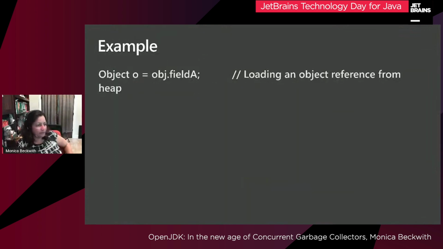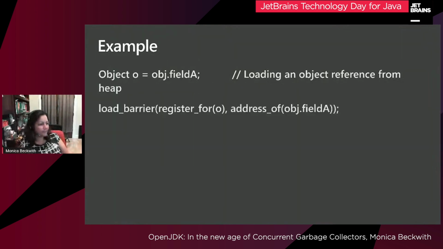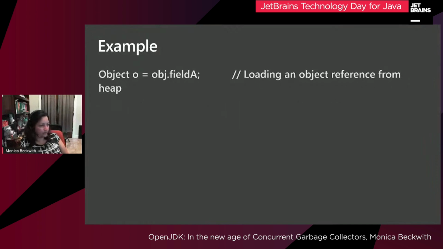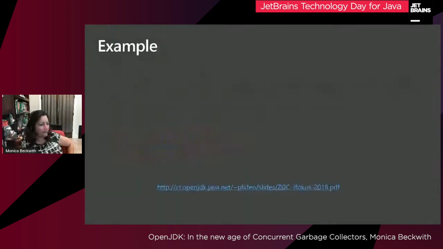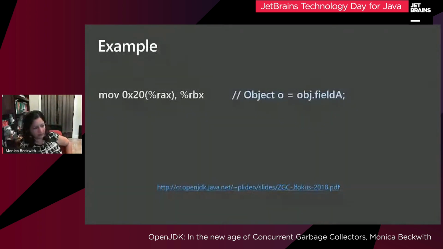Here's an example of how the object reference barrier works. You have an object reference loaded from the heap, and then you introduce the load barrier. Again, the idea is to have a bad reference changed into a good reference. Looking at the example here, again, it's from Per's slide, so I'm just using that.